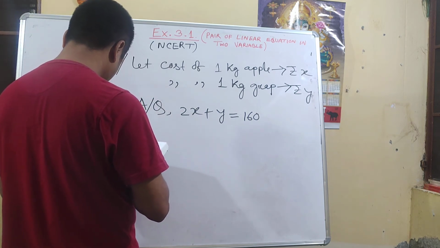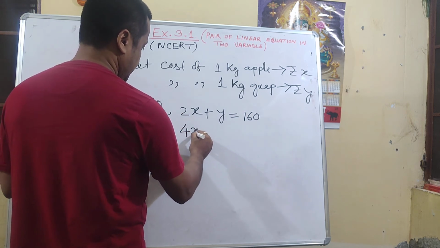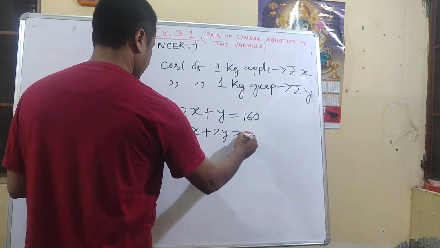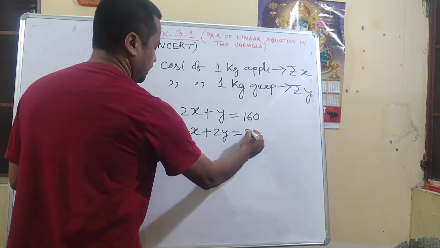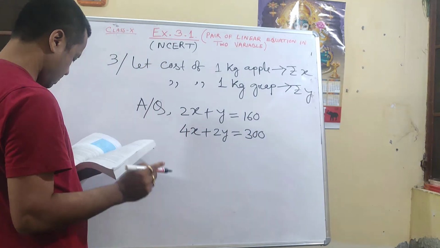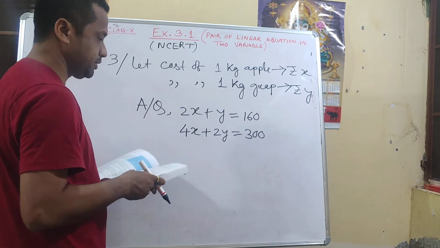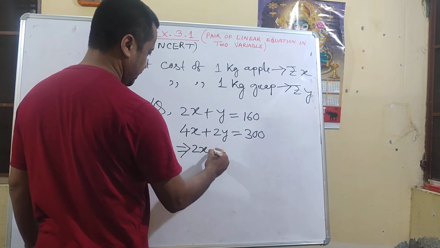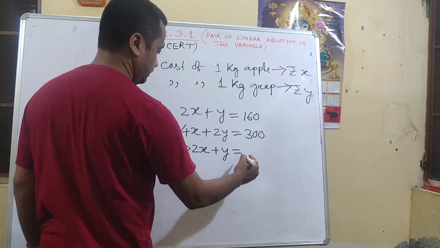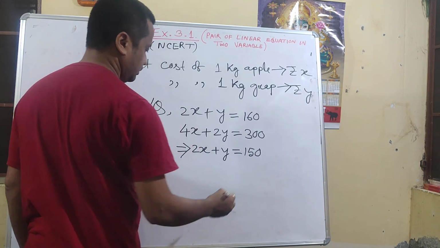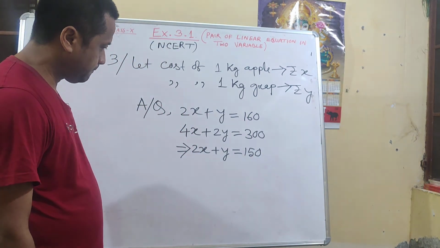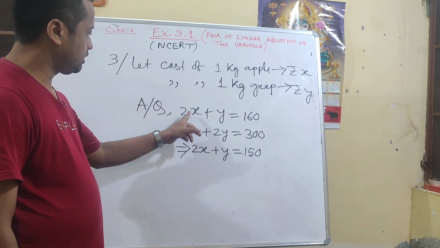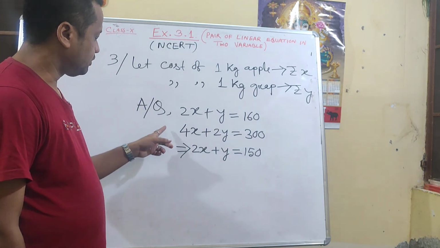After a month, the cost of 4 kg apple, that is 4 into x, plus 2 kg grape, 2 into y, is equal to 300 rupees. One more step to simplify: 2x plus y is equal to 150. So these are the two linear equations for the two conditions.